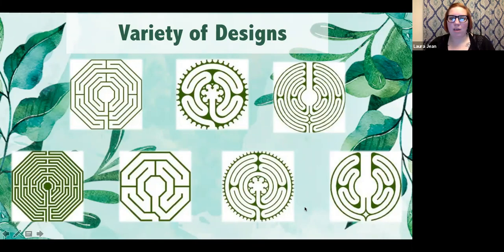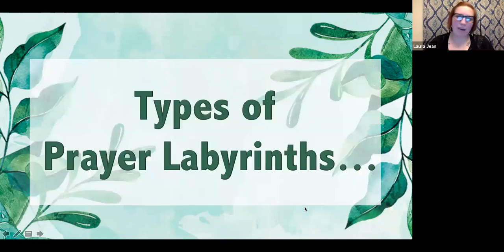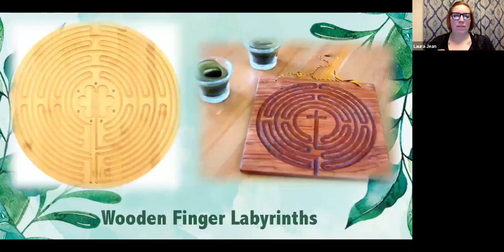Next, we have types of prayer labyrinths. So these are sometimes made out of wood. These are both carved out of wood, and you would use those just like you would use a paper, but some people prefer these because the carved out spaces make it easier for your finger to stay on the path and to trace that.